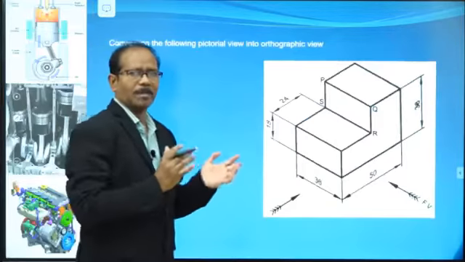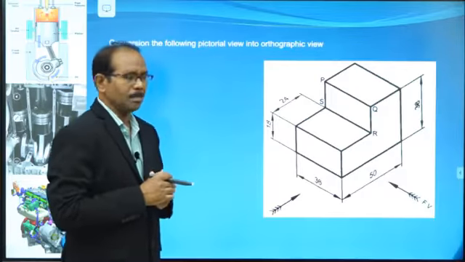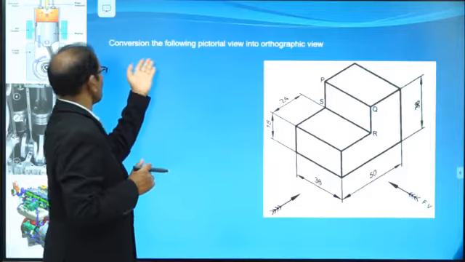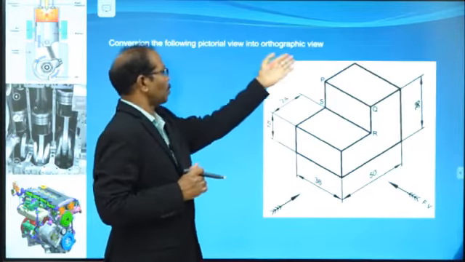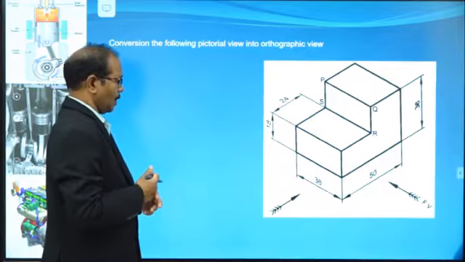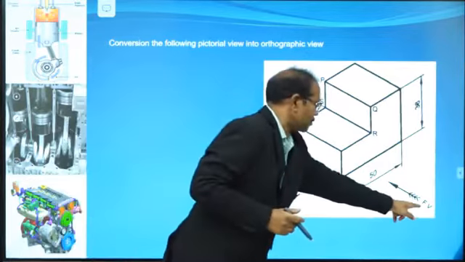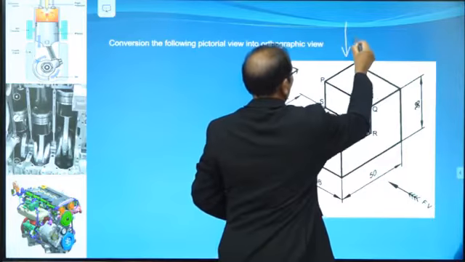Let us assume an object. This is the given problem: conversion of the following pictorial view into orthographic views. Now this is the front view direction, and this is the top view direction.